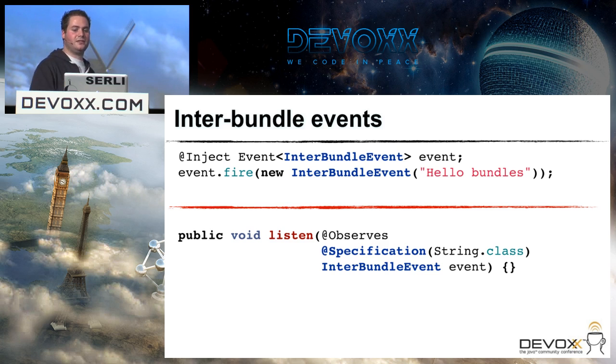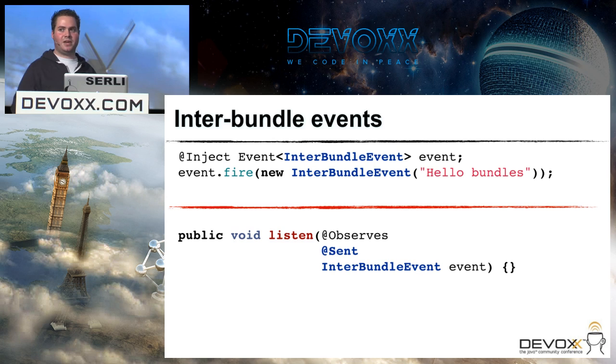This listener here listens to all inter-bundle events. You can also be more specific about what kind of payload you want to listen to. Here I just want to catch events with a String inside. You can also ask only for inter-bundle events that come from other bundles.